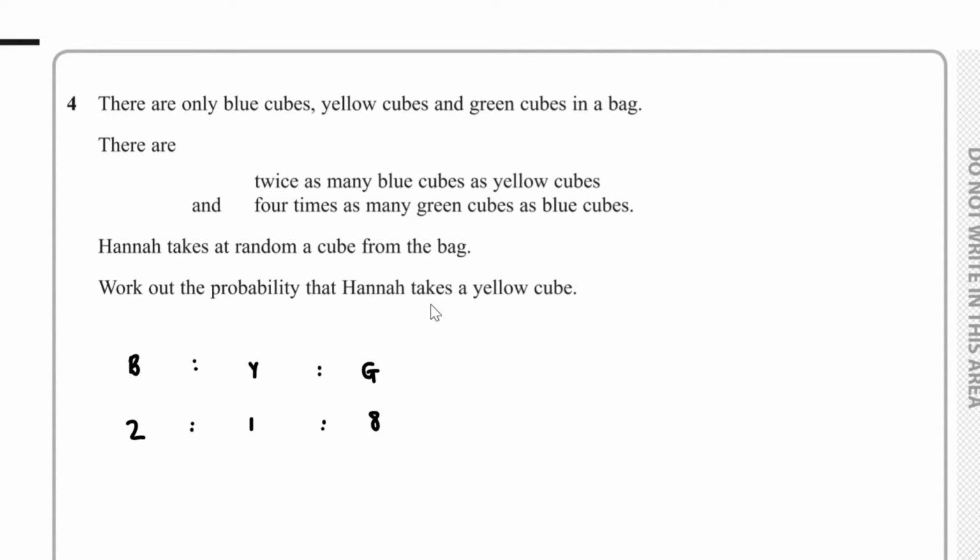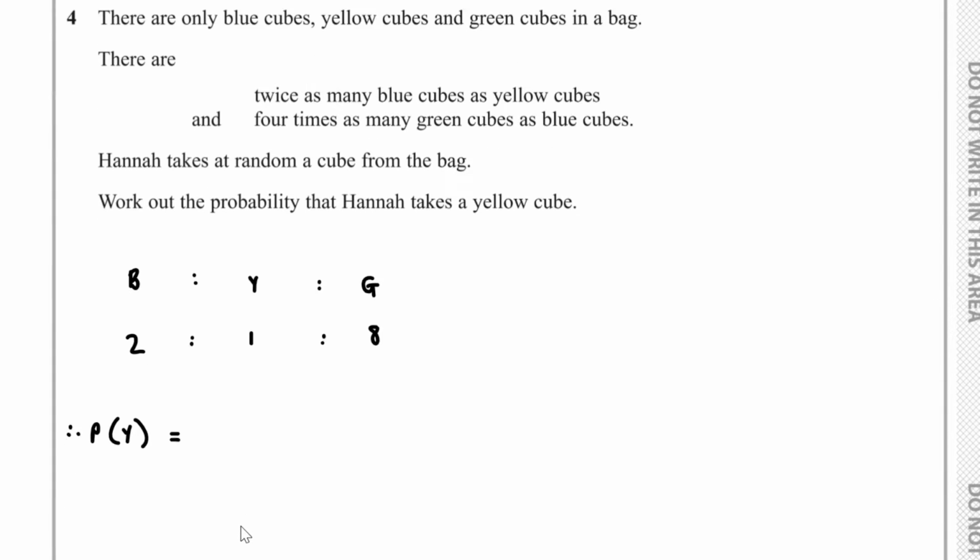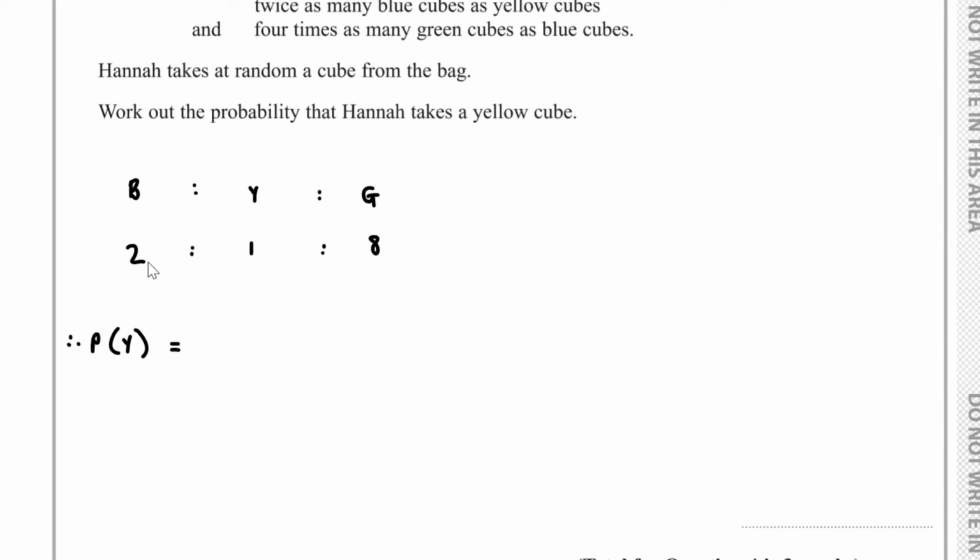We have to work out the probability of taking a yellow cube. Well, we've got 11 in total. 1 plus 2 plus 8 is 11, and of those 11, one is a yellow, so the probability is equal to 1/11.